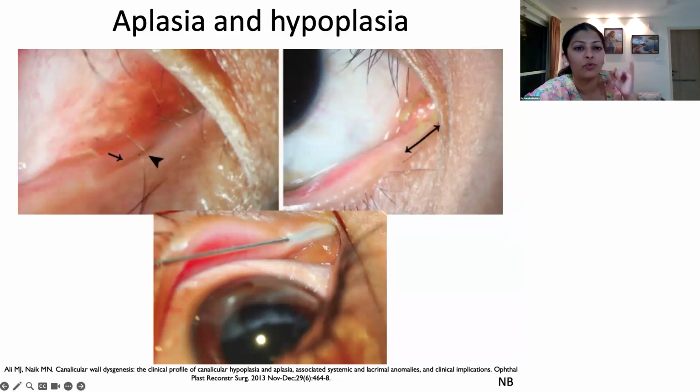So even if you go ahead and take care of the underlying nasolacrimal duct obstruction, there may still be a little bit of persisting epiphora, which is very important for us to explain to the parents so that they do not get bothered that, oh, you did the procedure, but it is still watering. It may water a little bit, but it is going to be much better than what it was because of the underlying nasolacrimal duct obstruction. Next.